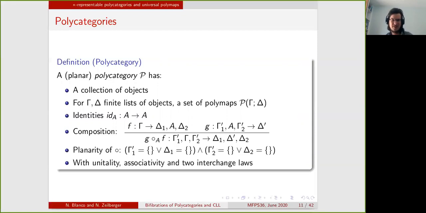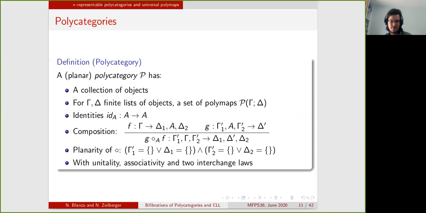So that being said, a polycategory is a structure analogous to a category. It has a collection of objects, except that it has a set of polymaps from any finite list of objects to any finite list of objects. So the domain and the codomain are finite lists of objects. These lists can be empty.